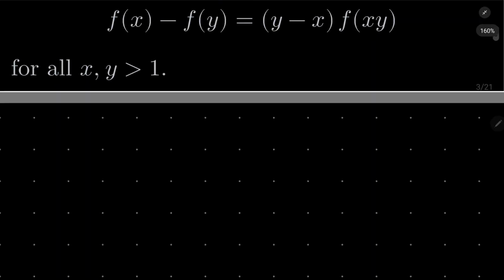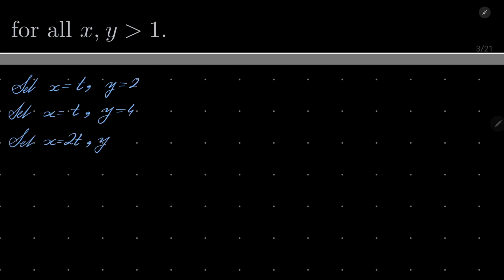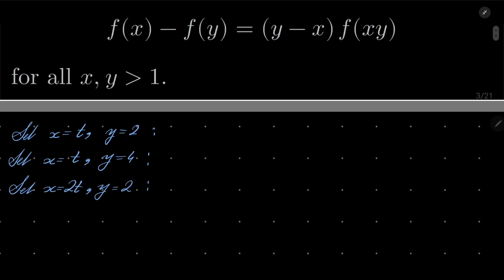Alright, so as I suggested, let's make the following setting. First, set x to be t and y to be 2. Then let's set x to be t, y to be 4, and finally set x to be 2t and y to be 2. We will have the following equations.